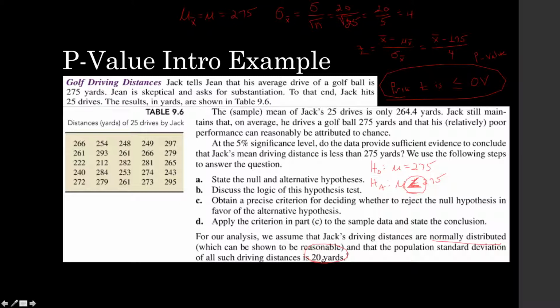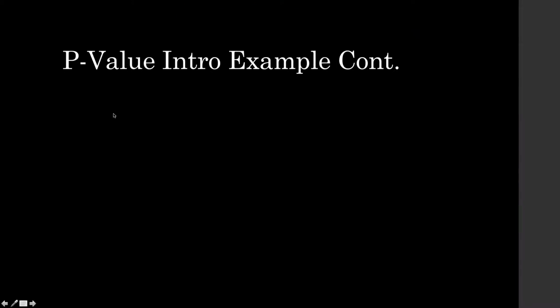Same problem, so refer back to your notes and you can see the actual problem as we work through it. What do we know about this particular problem so far? Well, we know that the mean is 264.4.